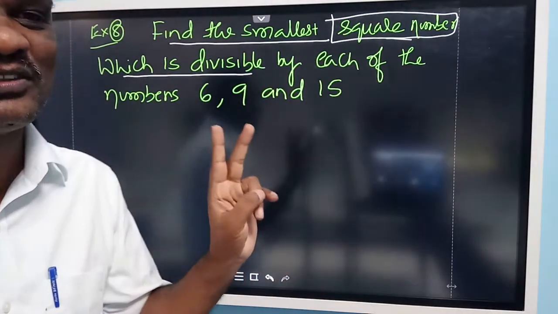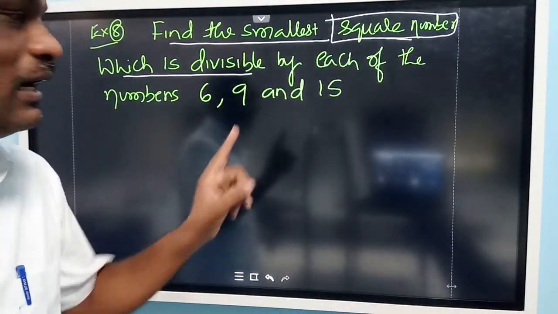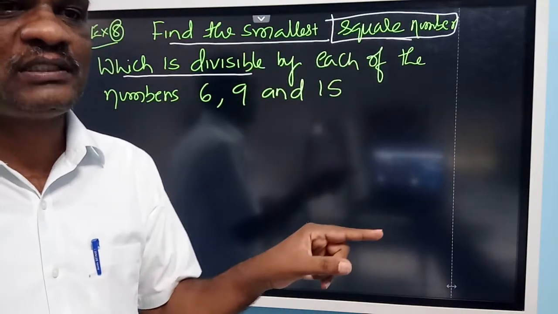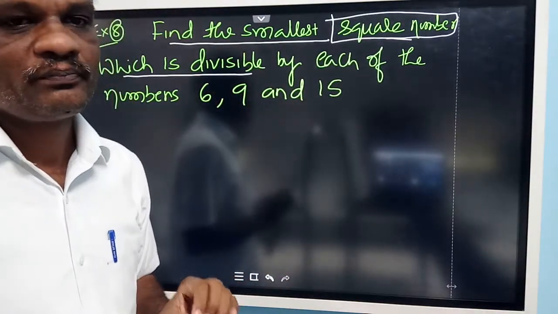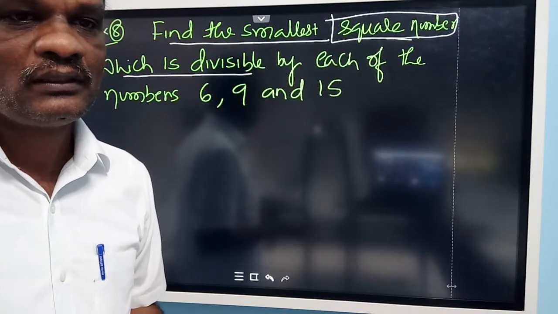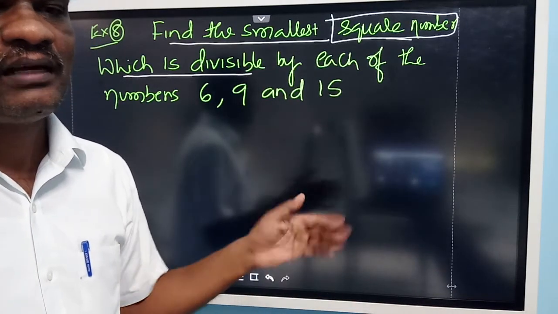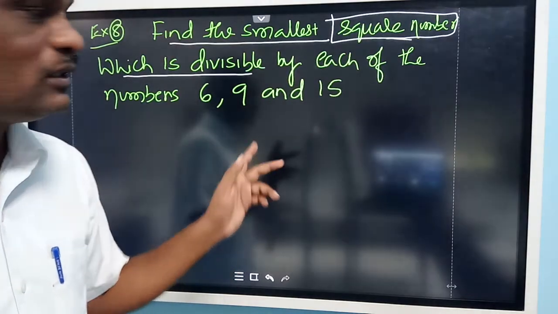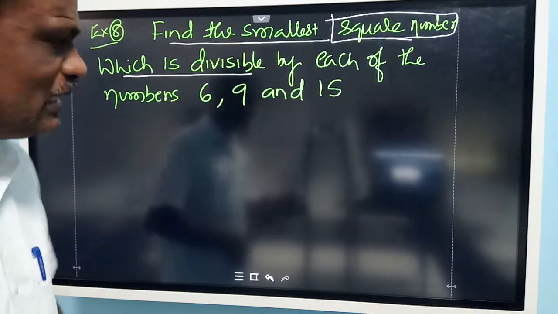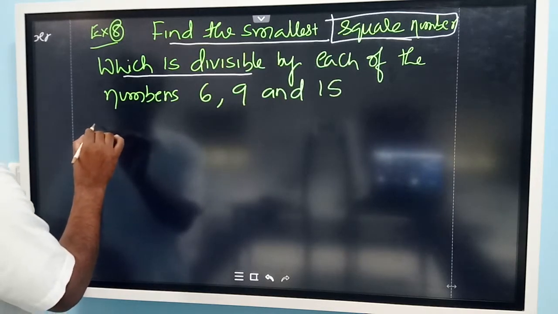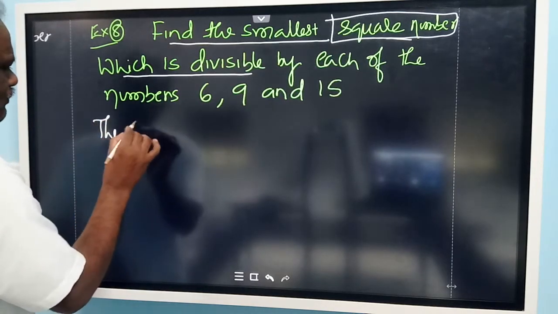First, find the LCM, the number which is exactly divisible by these three numbers. That may not be a square number. Then you find the nearest square number by multiplying a factor to that one. So first let us find the smallest number which is divisible by these.